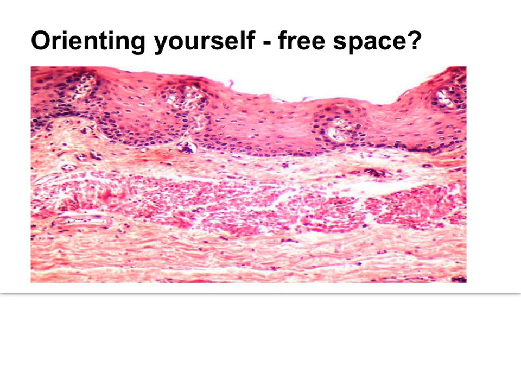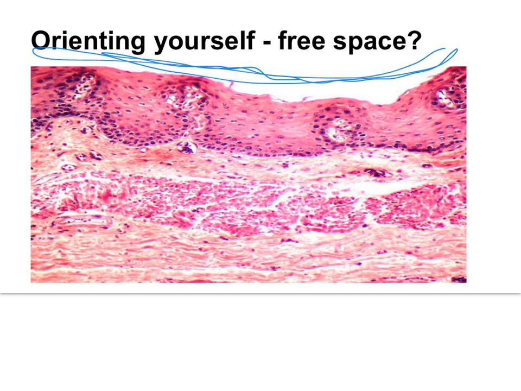The other thing is that when you're looking at some slides under the microscope, you need to look for free space. Up in here is the free space in this slide. And so I know that the very first tissue that I see that is surrounded by free space or air or whatever is epithelial tissue.